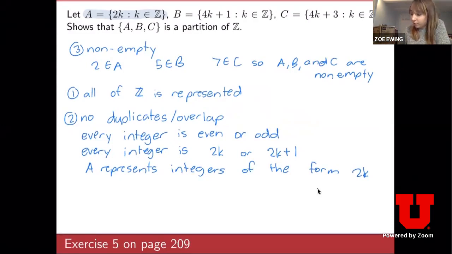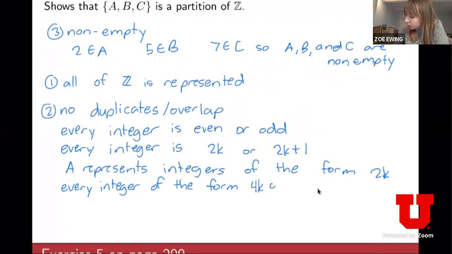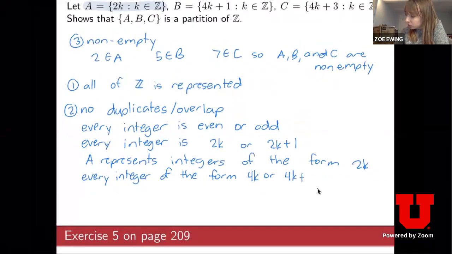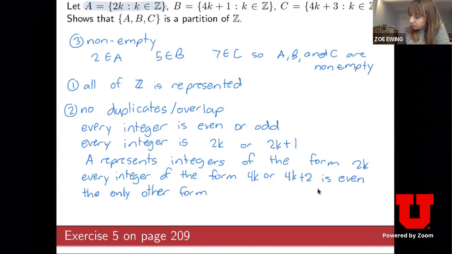But we're just going to say every integer of the form 4k, or actually 4k plus 2, is even. Because if you add 2 to an even integer, it'll be even as well. So the only other forms are 4k plus 1 and 4k plus 3.